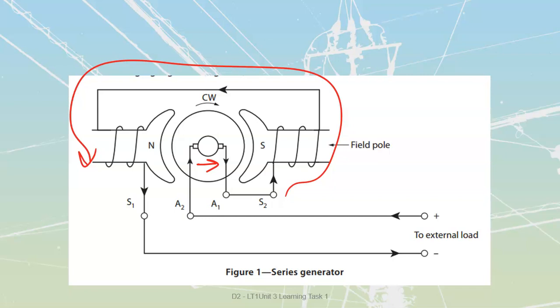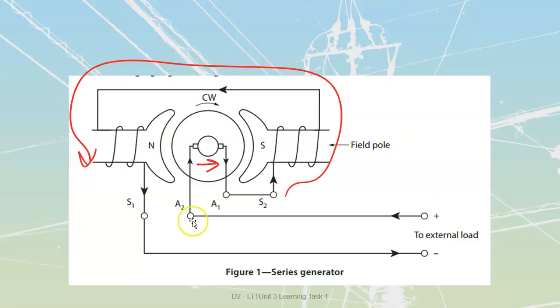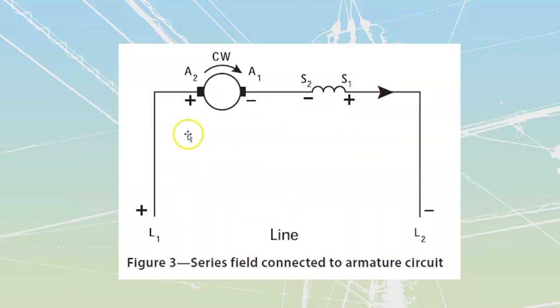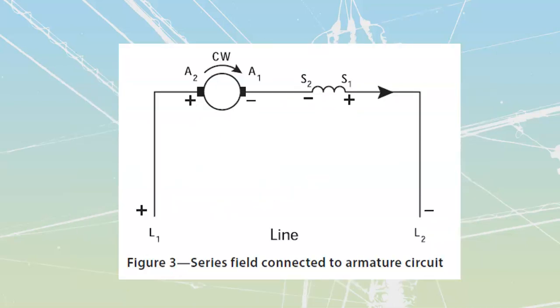If you compare that one to this one, you see it's the exact same thing. My A1 is connecting to my S2. This one's just a pictorial representation rather than the schematic diagram that we would see for this one.